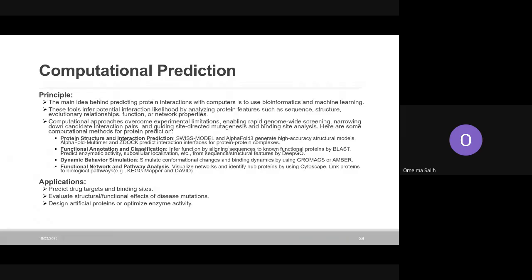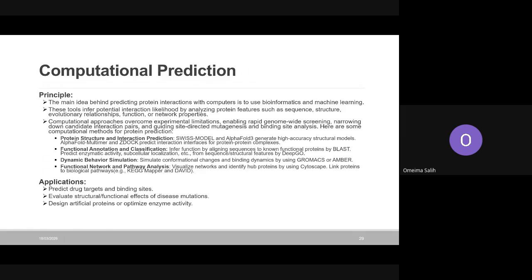It will give you more information about the function, what could be the function according to the domains found within these proteins and the type of interaction. It gives you more about the network properties, if this protein interacts with other proteins and forms a network.